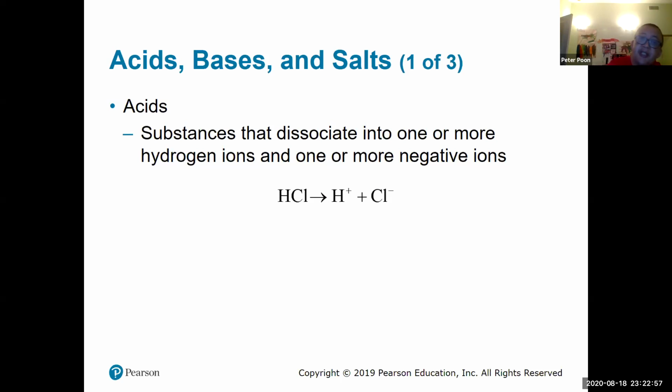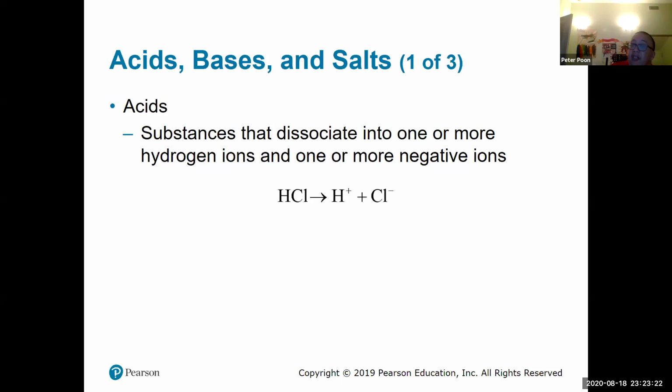So acids, bases, and salts. Acids are things that add hydrogen ions to the solution. Like if you take HCl, HCl is an ionic bond. If you drop it in the water, the H plus comes off and the Cl minus comes off. The Cl minus is perfectly happy floating around.